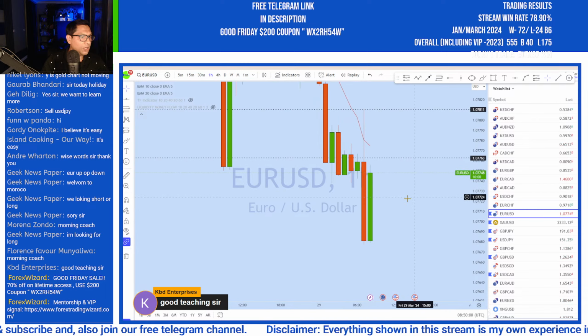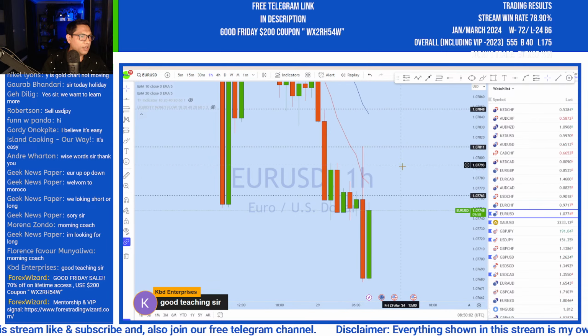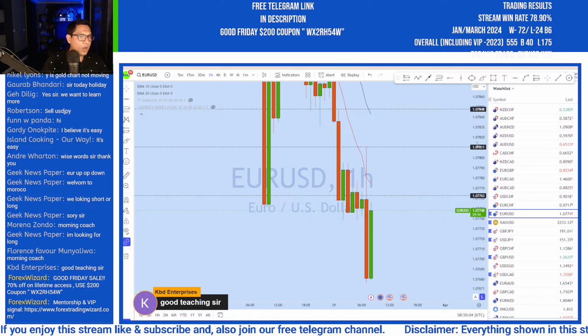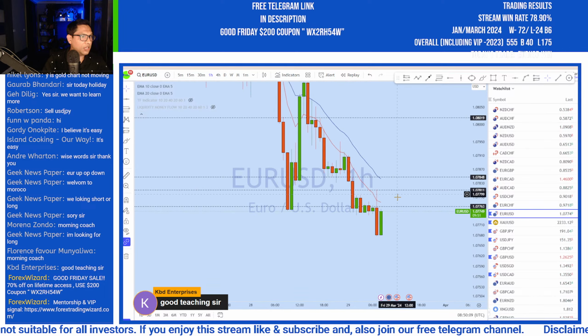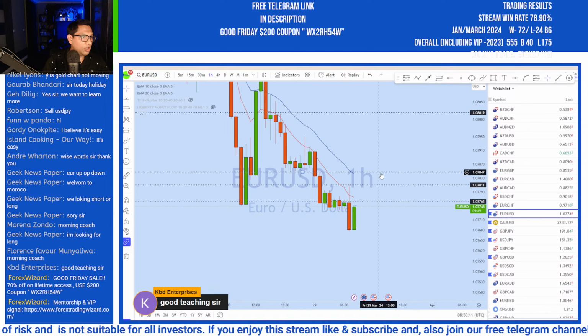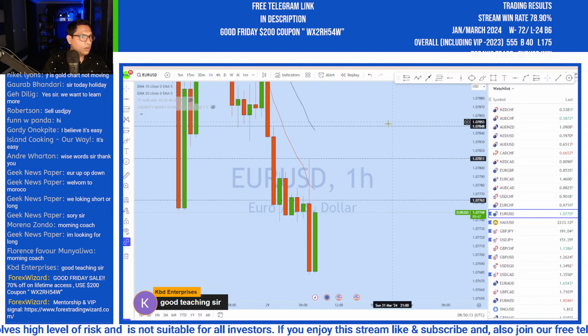Okay, so here we can see after this drop, complete rejection to the upside on the 1 hour chart. Because the market has got a rejection here, it might now go back to any of these important liquidity zones.